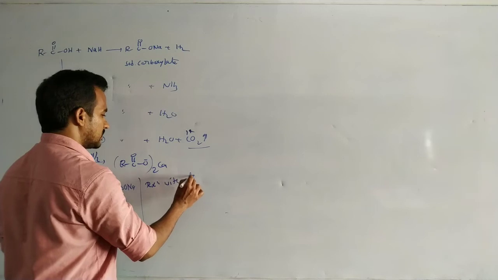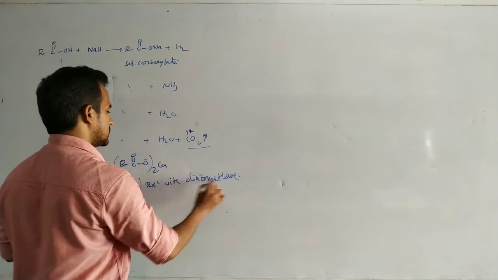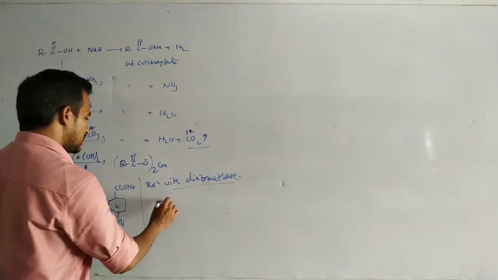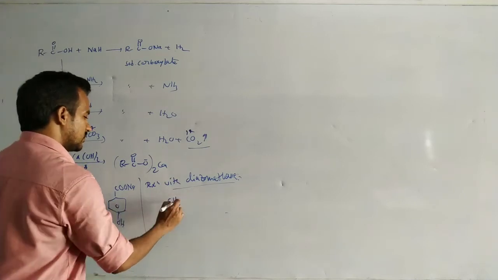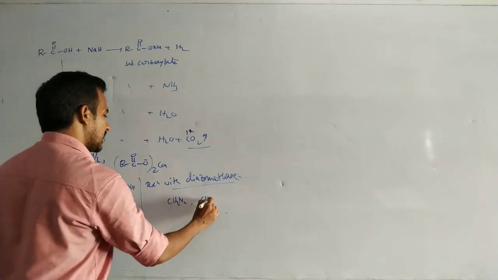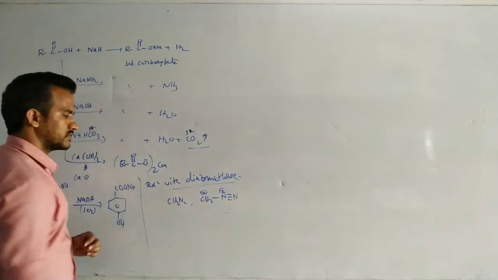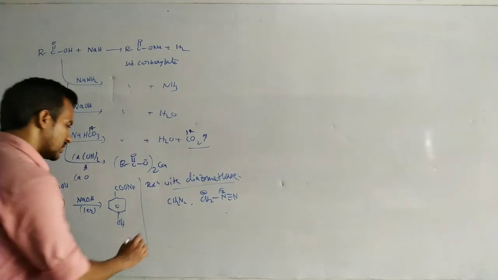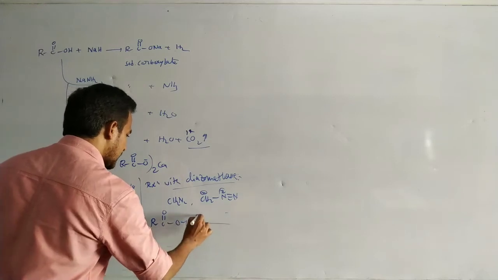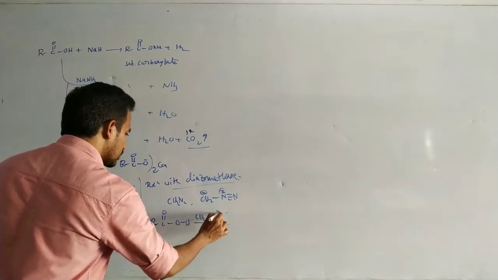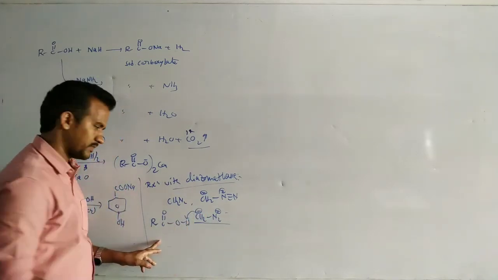Next, reaction with diazomethane. What is diazomethane? CH2N2 is diazomethane, which can be written with plus and minus charges. Now the carboxylic acid reacts with diazomethane, CH2 N2 plus minus: the CH2 minus accepts the H plus.